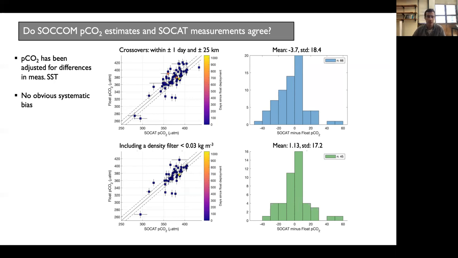So there's a large standard deviation on these crossovers, in part because it's difficult to compare float and shipboard data. Things change relatively quickly, and they're not always sampling the exact same parcel of water. But overall, we don't see evidence for the sort of systematic bias that would really be concerning in what really might impact some of our large-scale air-sea CO2 flux estimates.